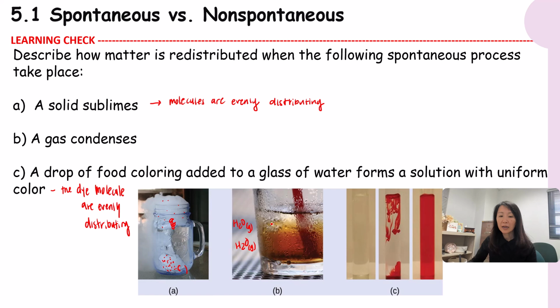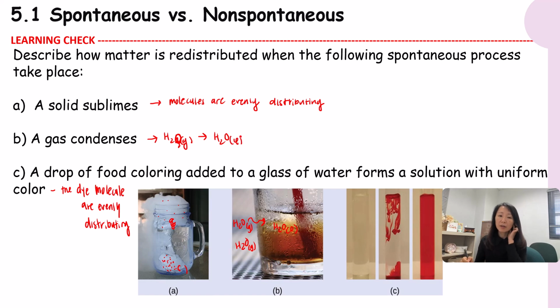The water molecules outside come in contact with the cup, and then they form droplets. So H2O is now liquid. Condensing is H2O gas forming into H2O liquid.